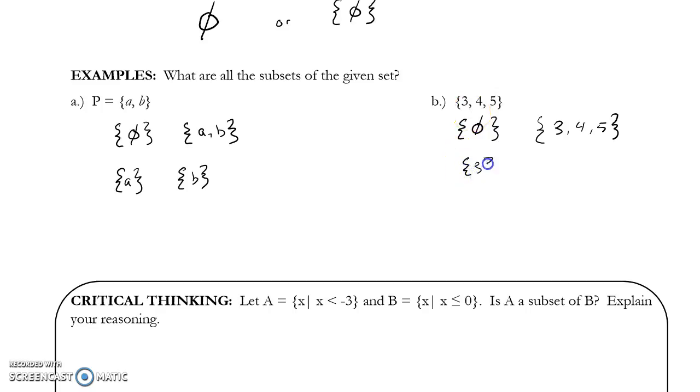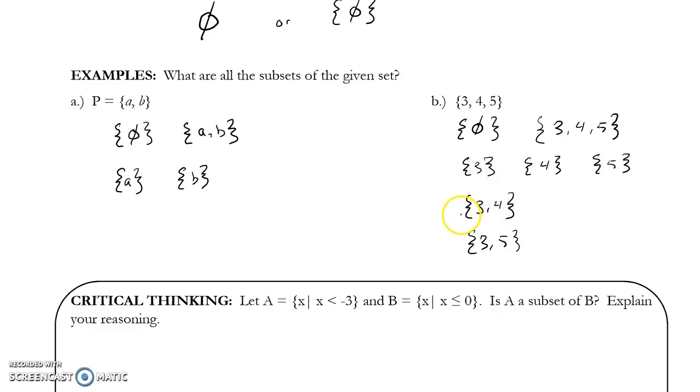The subset of 3, the subset that represents just 4, the subset that represents just the number 5. That's a subset, just like we had the subset of A and B. But now, because I have 3 elements, I have other subsets. I can combine any 2 of them. 3 and 4, that's another subset. 3 with 5 is another subset.